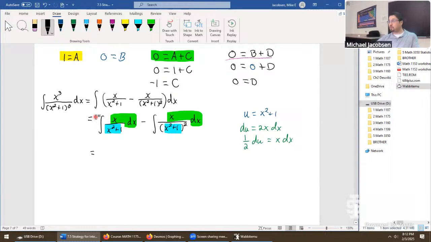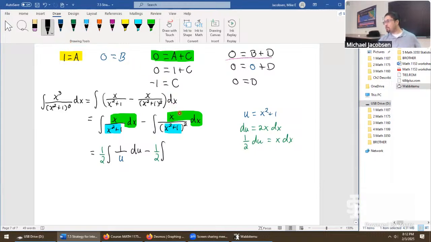So for this first integral, we have 1/2 integrate 1 over u du. Then same game on this one. Extra negative sign is the only difference, 1/2. Well, there's another difference.